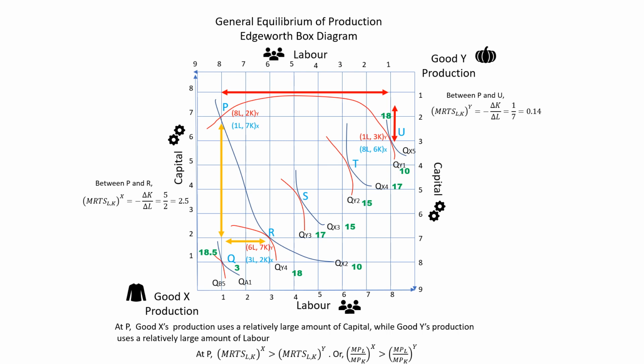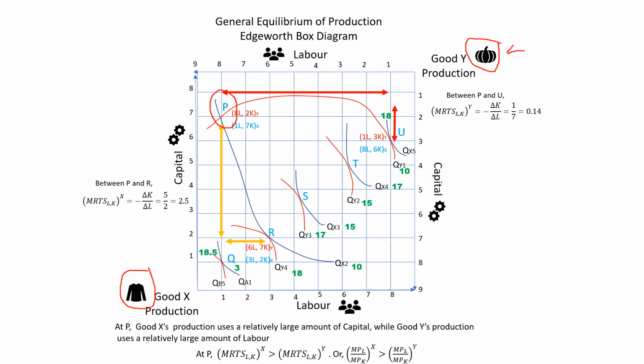So in this case, what we're observing is that at point P, there is a relatively higher, greater marginal productivity of labor in the production of clothing as compared to the production of food. So it makes sense for the producer of clothing to hire more labor and give up capital. The reverse is true in the case of food.